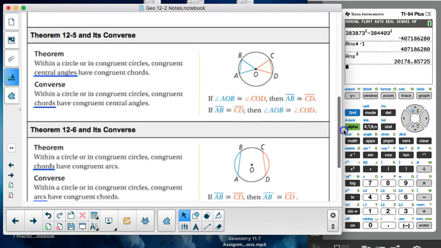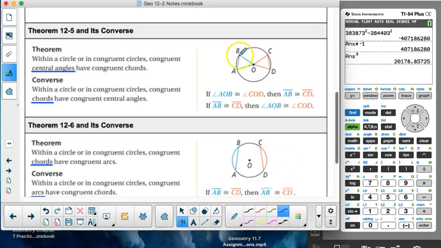Now in 12-5 and its converse, we're looking at, within a circle or in congruent circles, congruent central angles have congruent chords. This picture looks a lot like the other one we have, except that we have chords coming from the endpoints of our angles that come in contact with our circle.